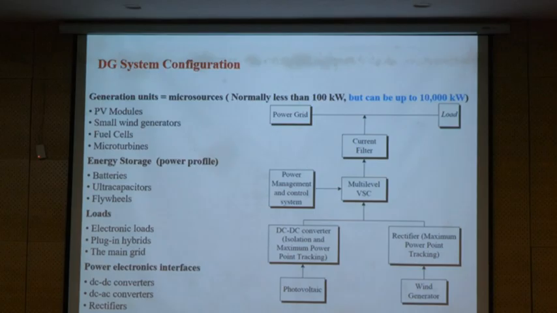So for this case, the main challenge is coming from the load side. Why? Because the provider is the power grid, but the load side are the normal people that just turn something on, turn it off, and don't care what is happening in the grid.